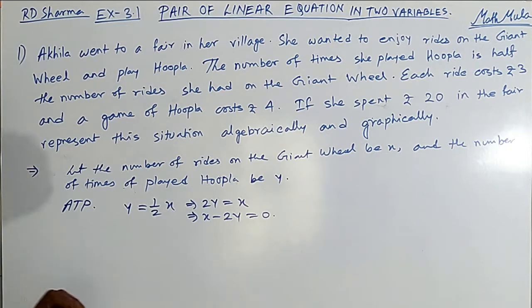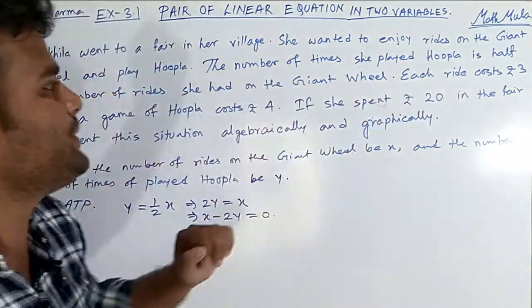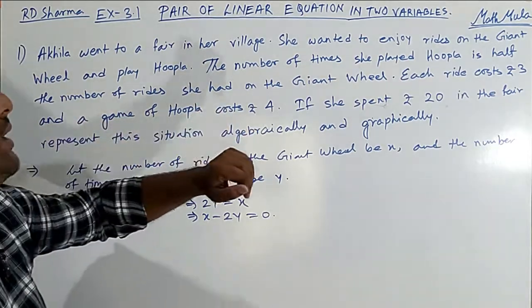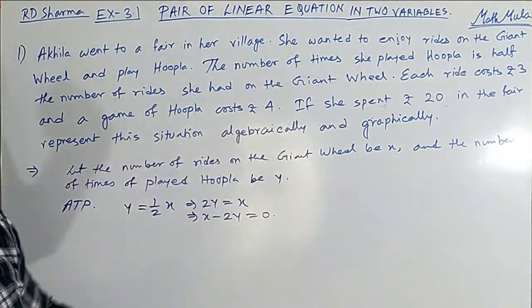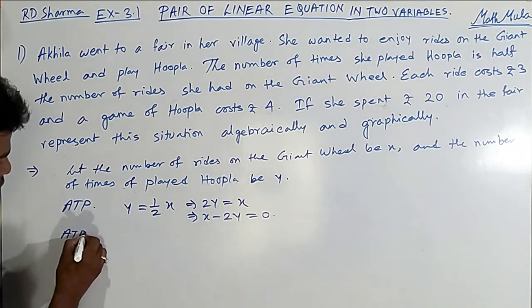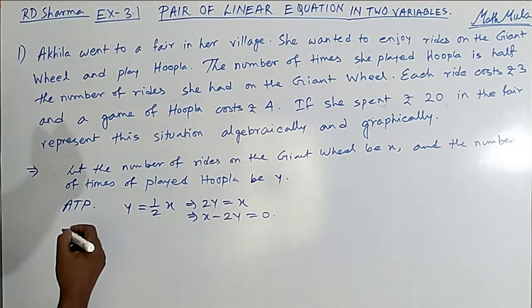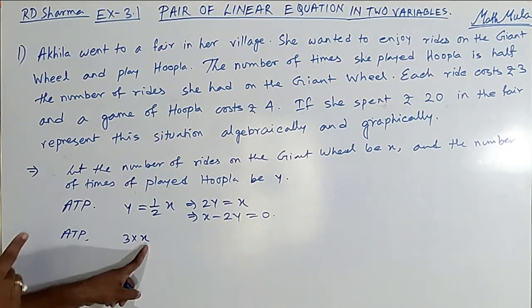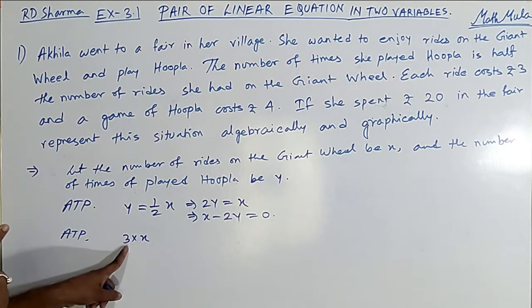Now from the second condition, each ride cost rupees 3 and a game of hoopla cost rupees 4. And she spent rupees 20 in the fair. That means according to the problem, the cost of rides is 3 into x. The number of rides is x and the cost for one ride is 3. That is, the total cost of rides is 3 into x.